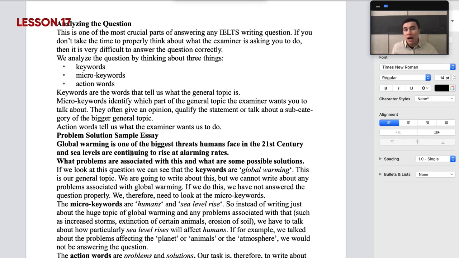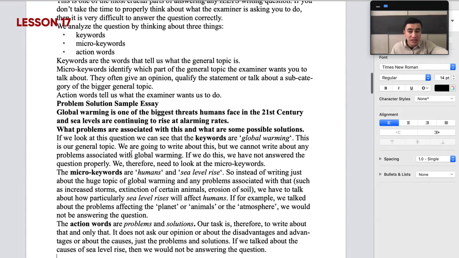So if you talk about problems affecting the planet or animal kingdom, or let's say the atmosphere, you would not be answering the question at all. And when it comes to the action words, these are problems and solutions, because the examiner clearly wants us to focus on problems and solutions.